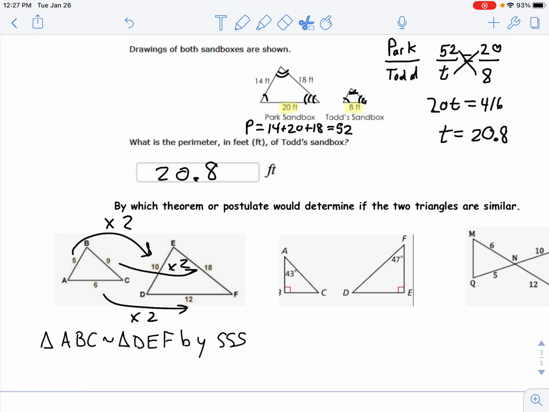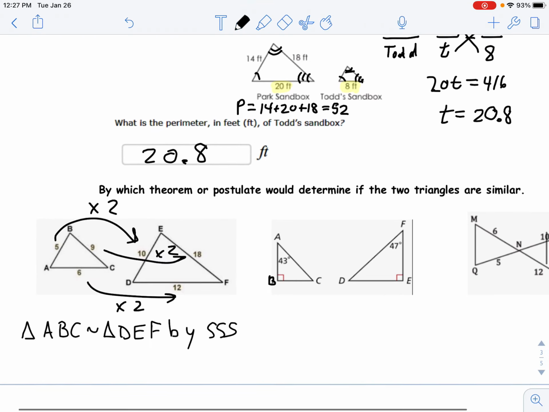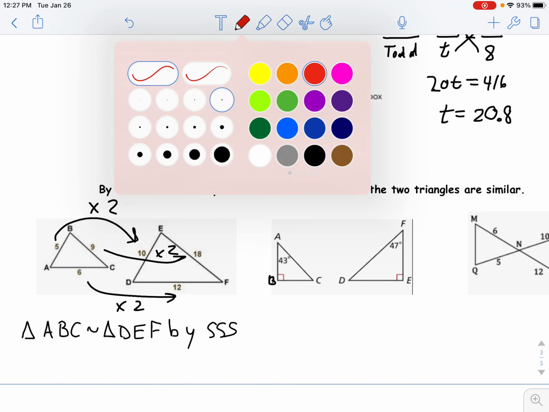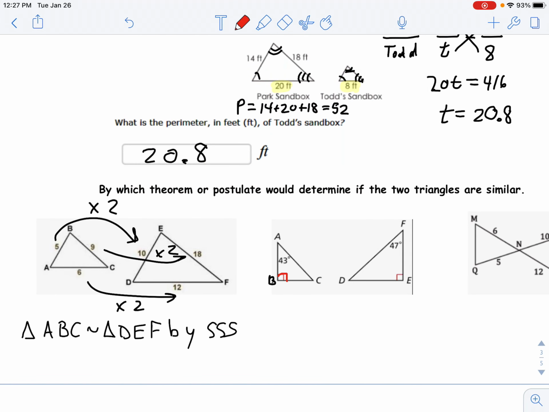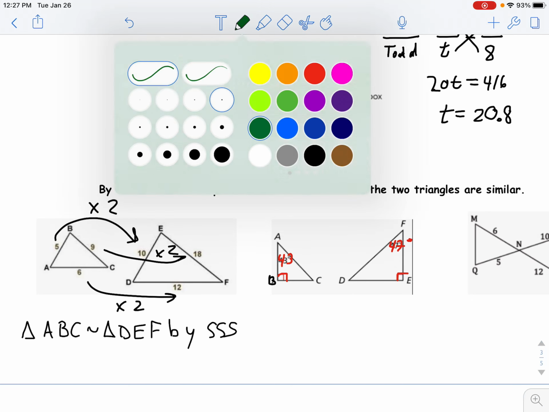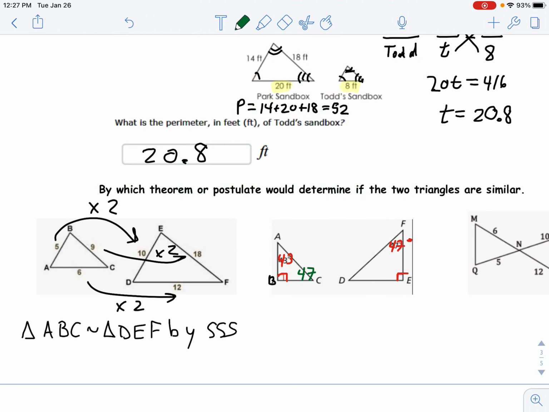All right, next, that's supposed to be a B right there. Looking at these two triangles, well, they're both right angles. 43, 47. Well, if I find these missing angles, due to the triangle sum theorem, that has to be 47, that has to be 43.